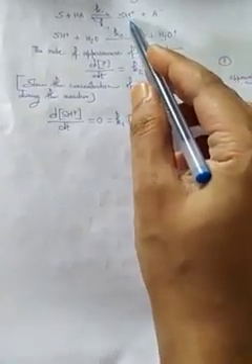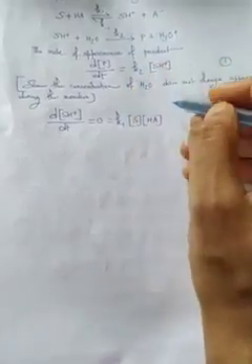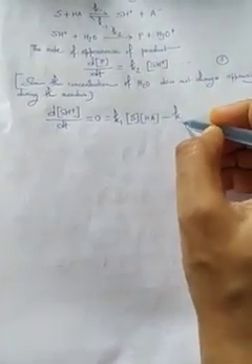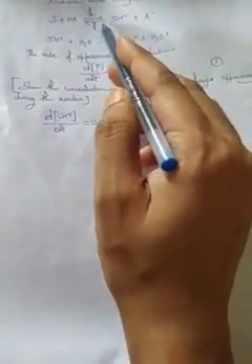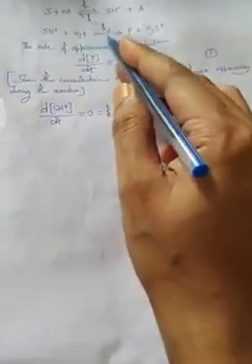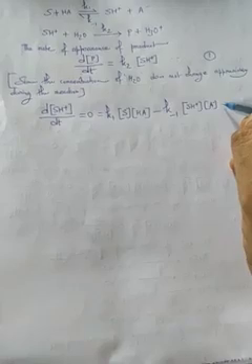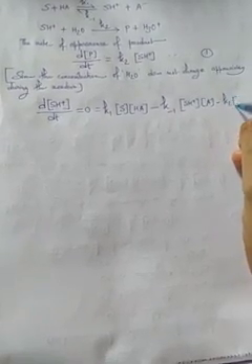Since in this step this intermediate is produced, in the next step, in the reverse step, this intermediate is decomposed, therefore this negative sign, and in the next step also this particular intermediate is decomposed, therefore also a negative sign.